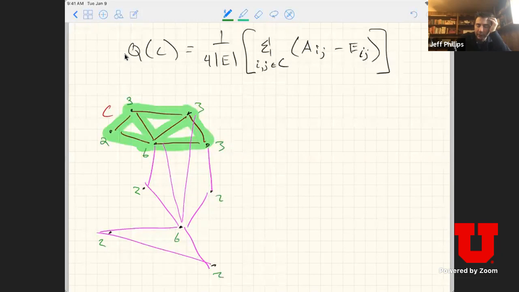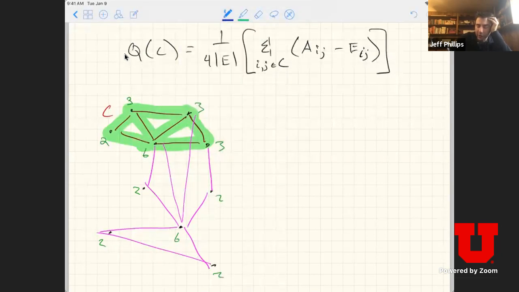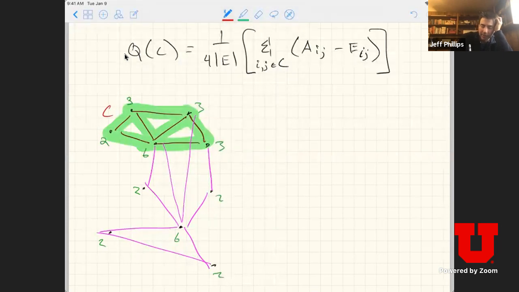Now let's work out the modularity score. Let's count just the number of edges inside the cluster. Actually, I feel this might not be big enough, so let me add one more edge here. So 1, 2, 3, 4, 5, 6, 7, 8.